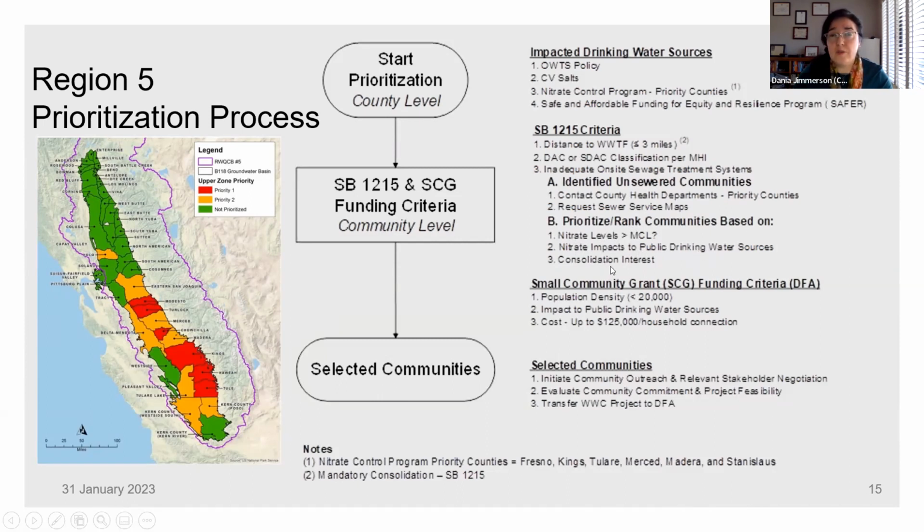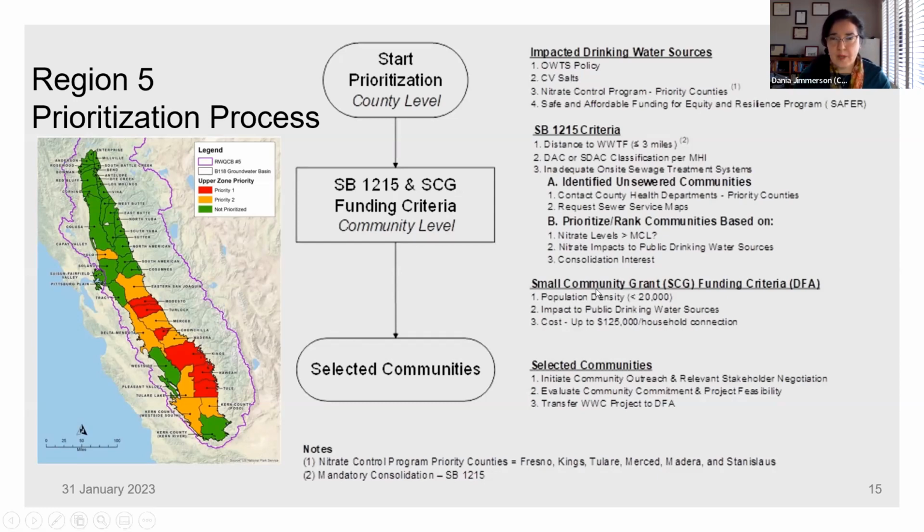Consolidation interest is also very important, because as I said earlier, if we have consensus from the community and the potential sewer service providers, that means the project will move more efficiently towards construction, as opposed to a project where there is hesitation or other political aspects to consider that might slow down the process.